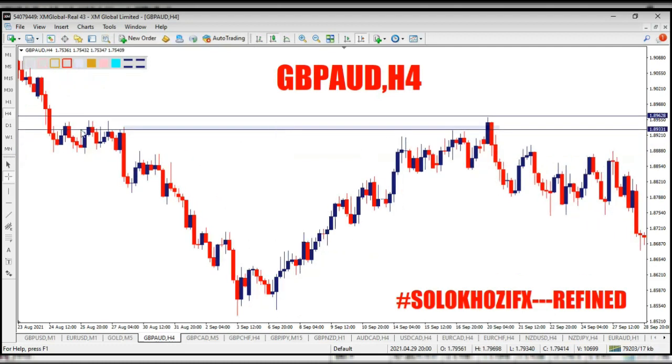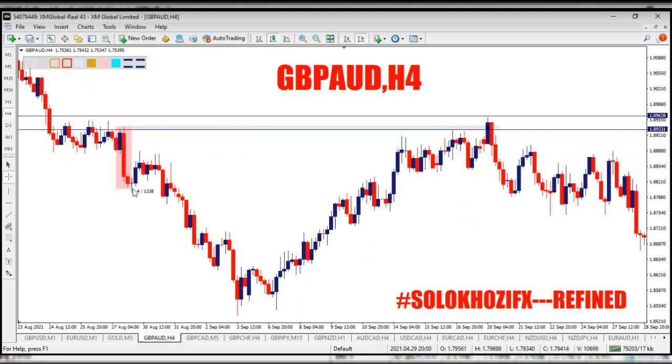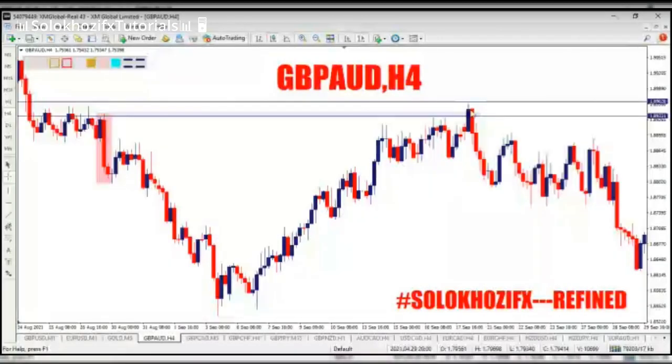So if you had your entry here, you can see this is the bearish engulfing type 1. If you double check the wicks, everything is as shown on the diagrams. So this is our type 1. We see price coming back.